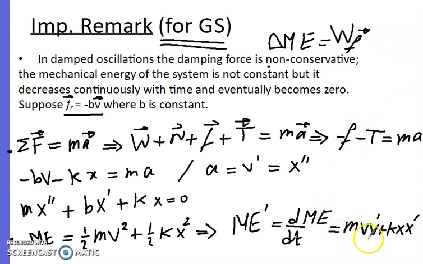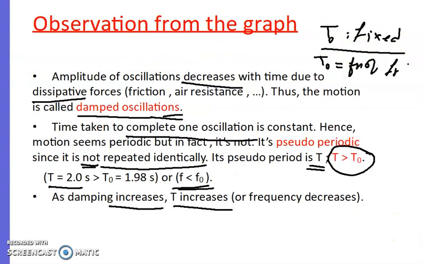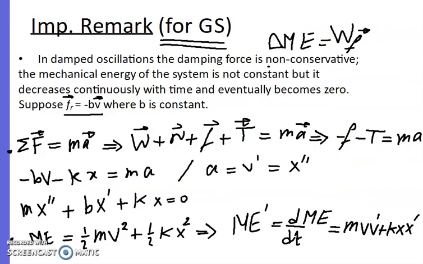We take v as a common factor, so we get v into (m x double prime plus kx).